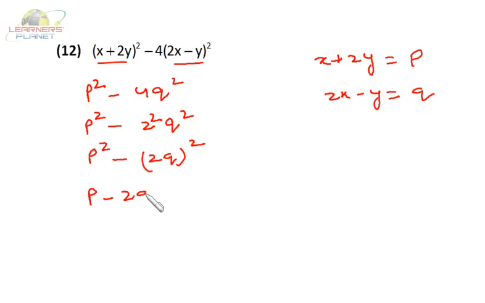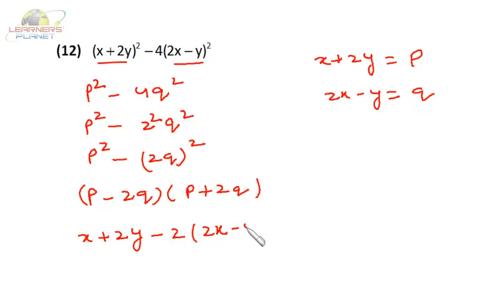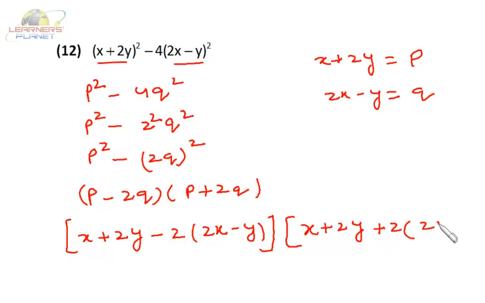It's p minus 2q and p plus 2q. Now we replace the value of p and q. So it's x plus 2y minus 2 times 2x minus y, that is the value of q. Then it is x plus 2y plus 2 times 2x minus y.